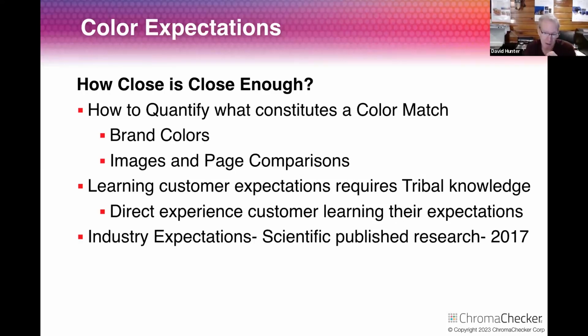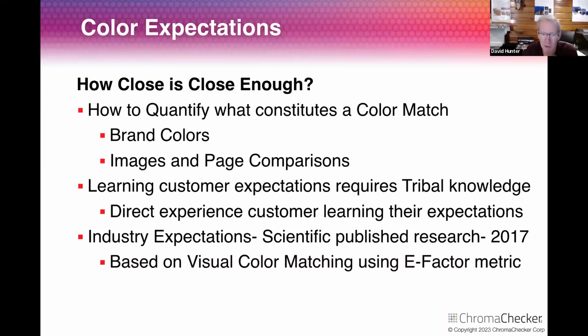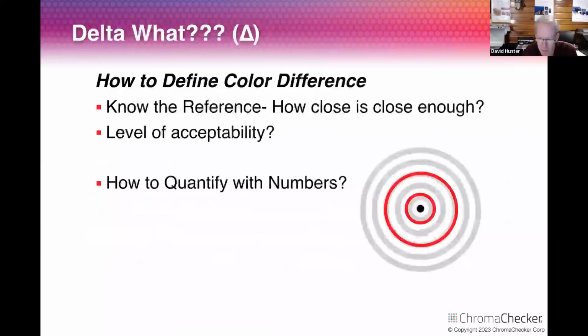And luckily, we've got scientific research, published scientific research that helps us understand what industry expectations are. And it's based on this metric, we phrase the term E factor, but essentially it's a type of delta E, which tells us visually how close or how far apart 2 images or 2 pages are from one another.